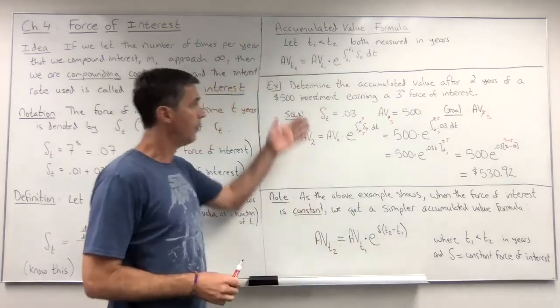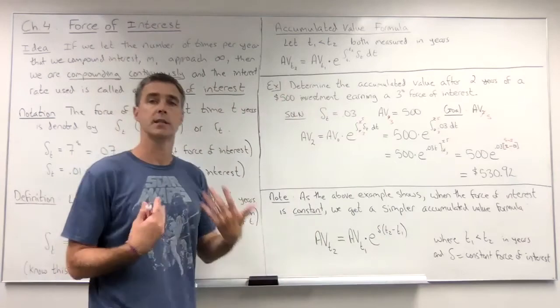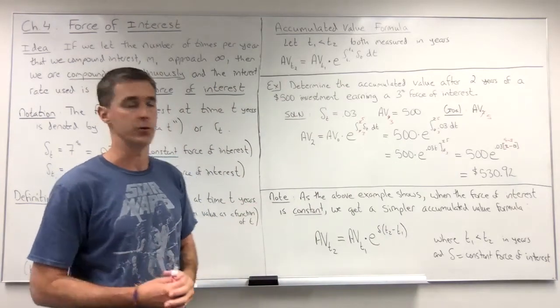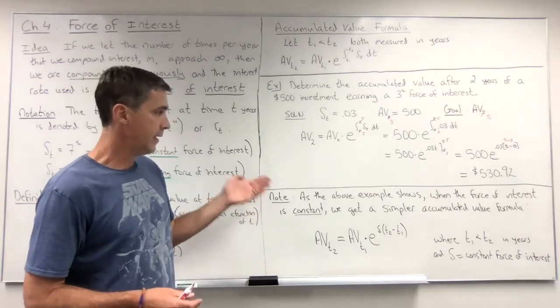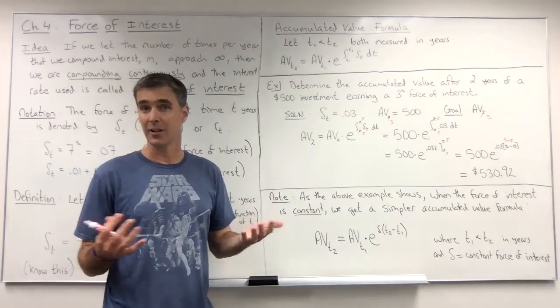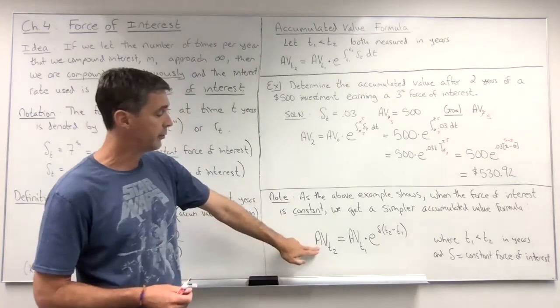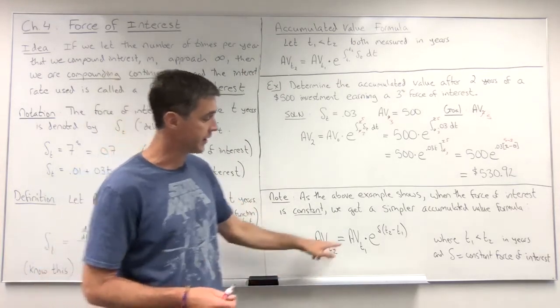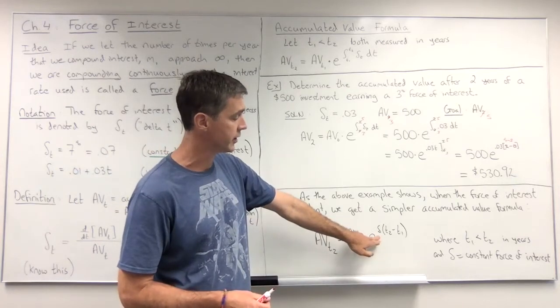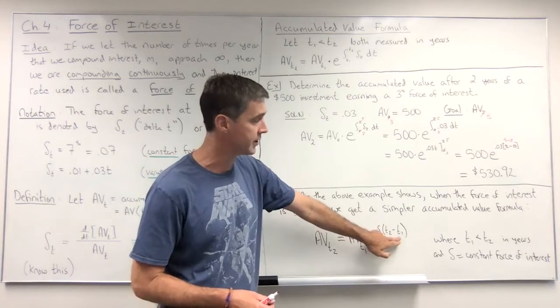All right, however, based on this example, we see something that makes our life slightly easier if we're dealing with a constant force of interest. If our force of interest is a constant, this accumulated value formula actually gets a little bit easier. The accumulated value at time 2 is given by the accumulated value at time 1 times e to our force of interest times T2 minus T1.